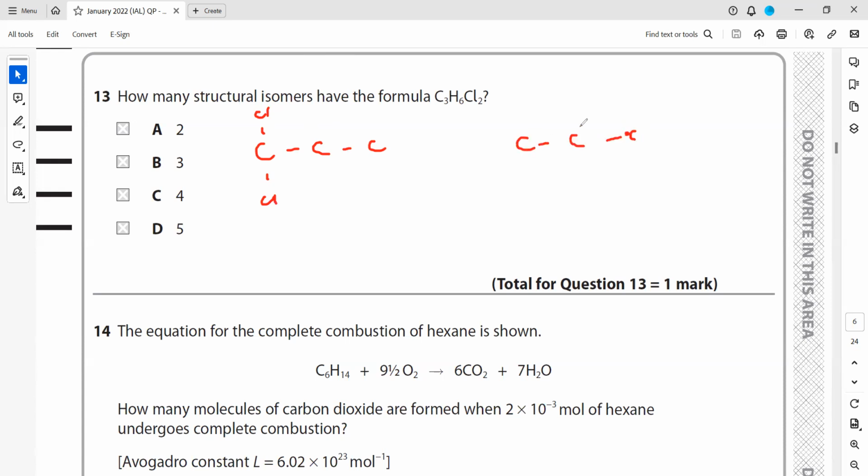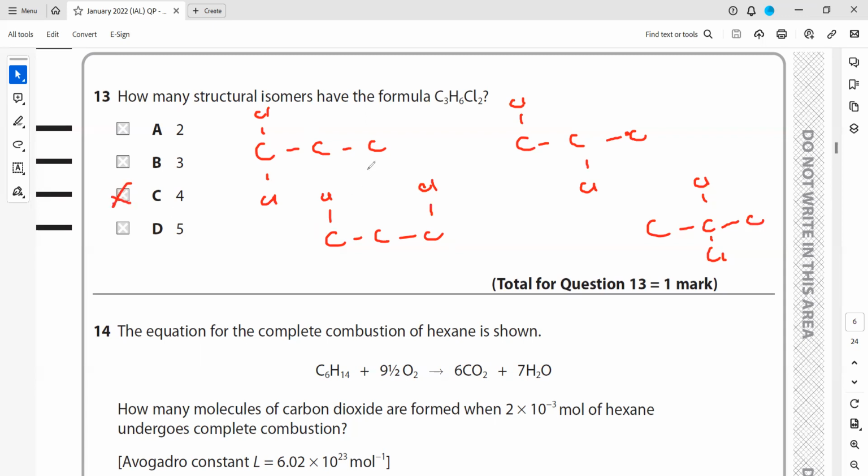The second structure, one chlorine with the first, one with the second. The third structure, one chlorine with the first and one chlorine with the last. The fourth structure, the 2 chlorines are at the center. And there is no other, because if I draw the next one, it will be similar to this one. So 4 possible structures.